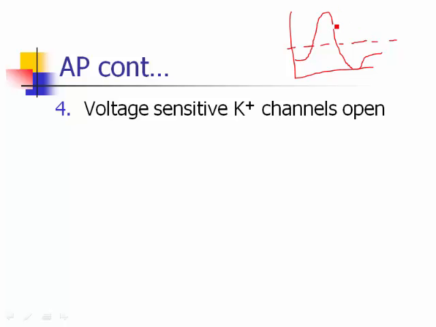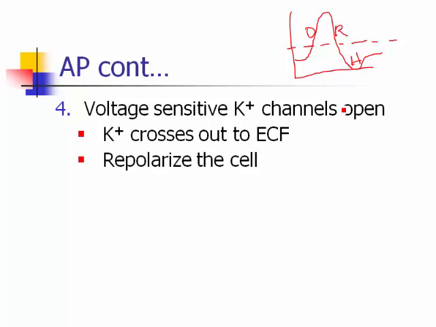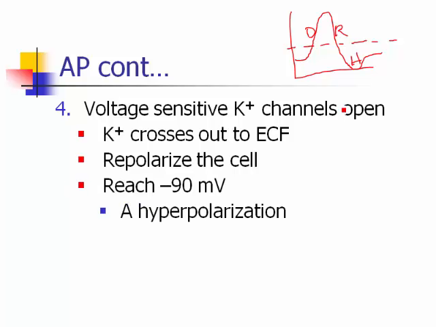So when we repolarize, I'll mark it again, D, R, and H, okay? The potassium crosses out to the extracellular fluid. It repolarizes the cell, and you reach minus 90, and that's called a hyperpolarization.